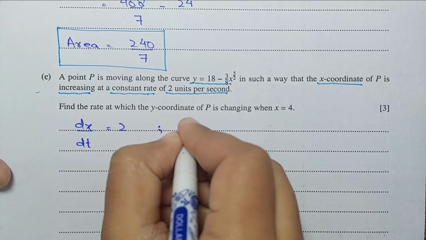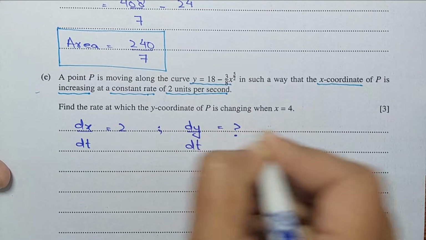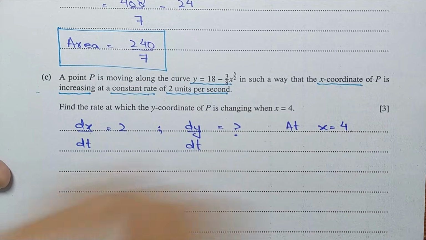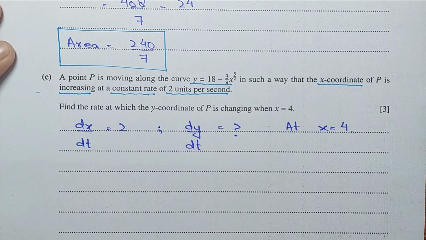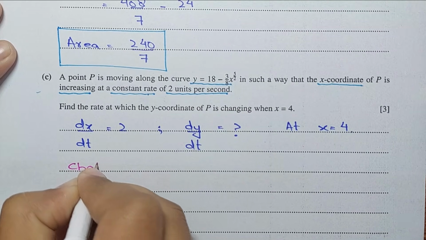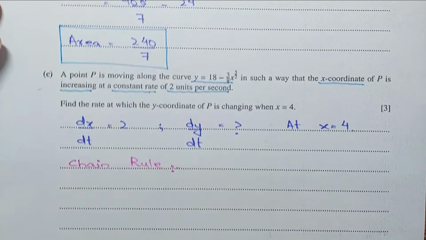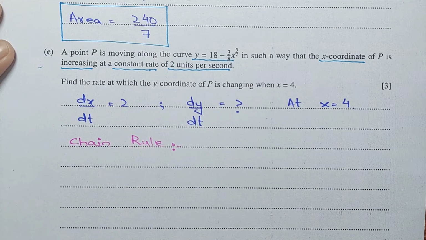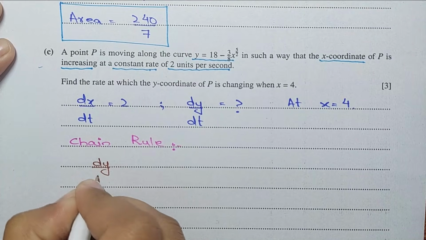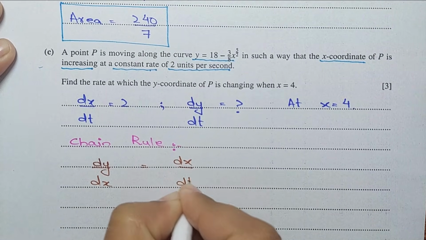Okay, y coordinate. dy over dt we need to figure out when x is equal to 4. So here we apply the chain rule. By the chain rule, dy over dt is dy over dx times dx over dt.